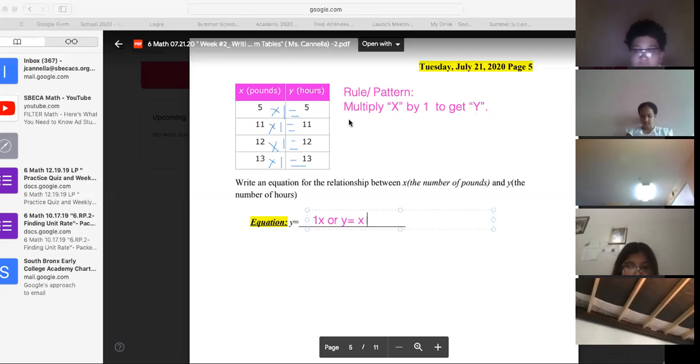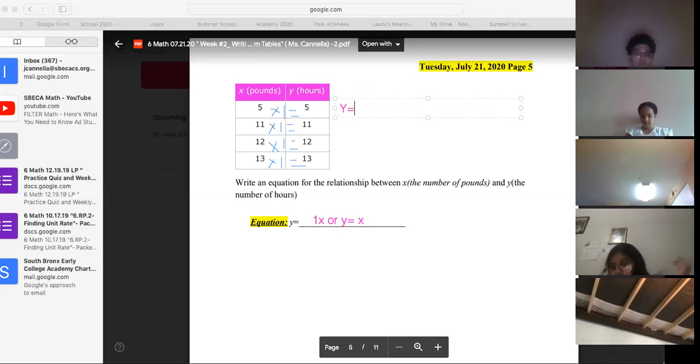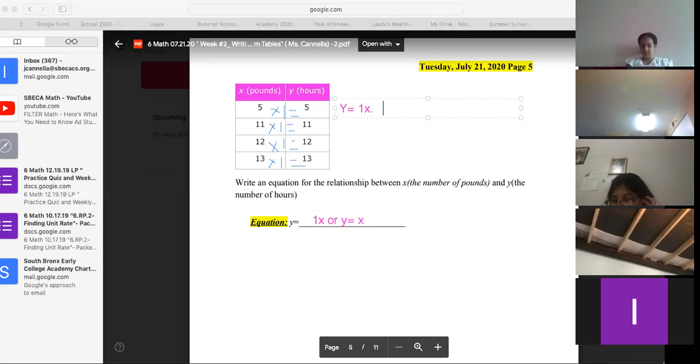So let me show you how this works now. Okay, so here we go. Let's do y equal 1x. If x is 5, Jerickson, ¿cómo se dice multiplication? 1 por 5, right? Sí. 1 por 5 son 5. Okay, good.